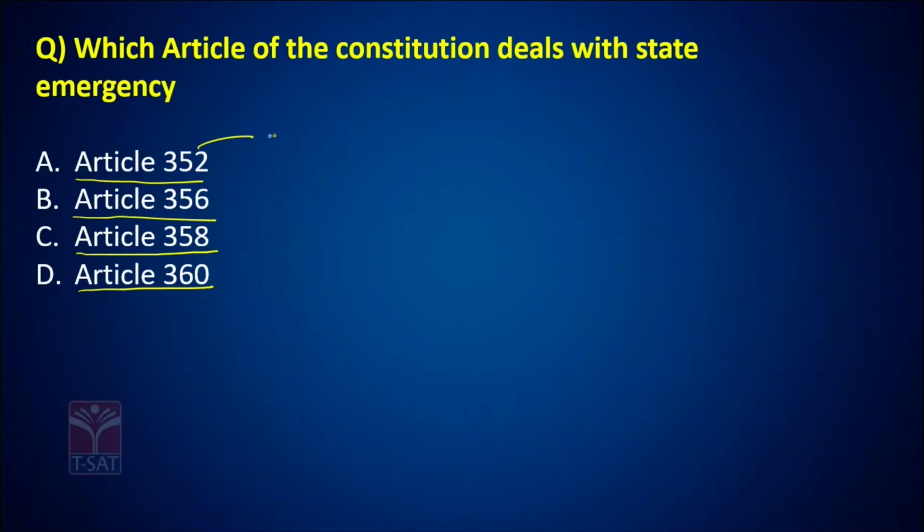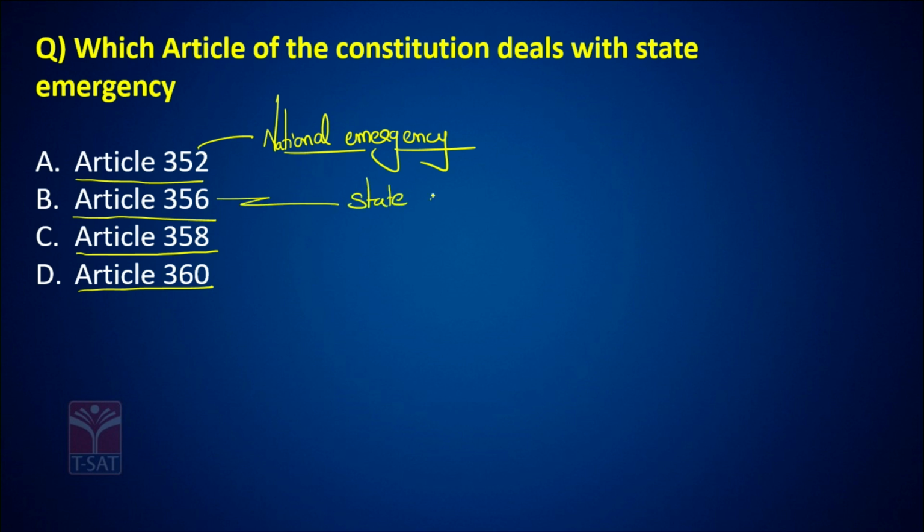Article 352 talks about national emergency. Article 356 talks about state emergency or president rule. So the answer is B.